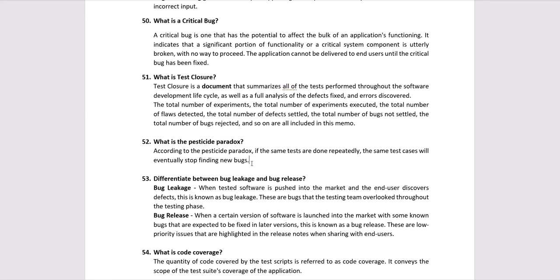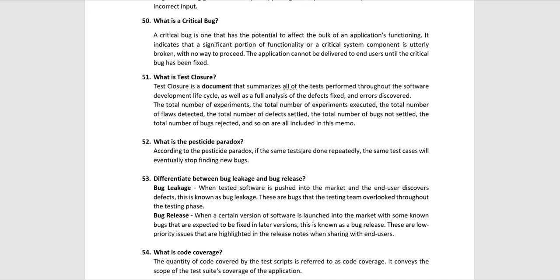So if we have written some test cases and we execute them every time we get a new application or new build to test, eventually, by repeating those test cases every time, they will stop finding new bugs because we have already found and fixed everything.